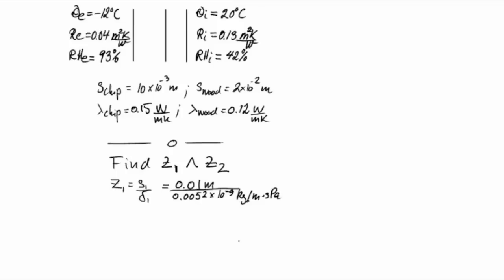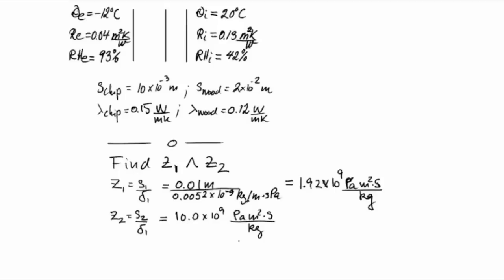Be very much aware of the unit. It has to be in kilograms, meter, seconds, Pascal. So I have used the calculator and I get 1.92 times 10 to the power of 9, and then the unit, Pascal, meter squared, times seconds divided by kilogram.